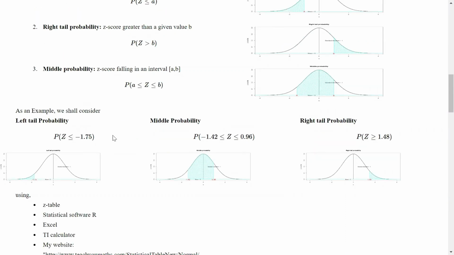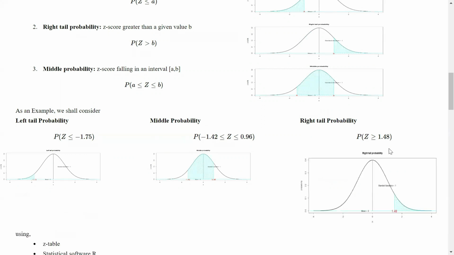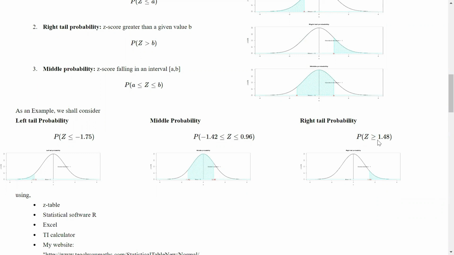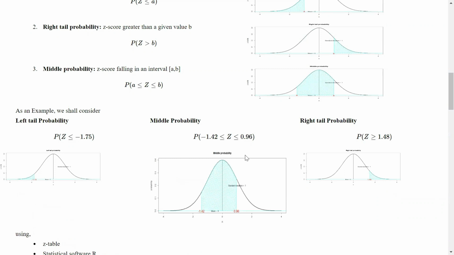As an example, we shall compute this left tail probability, that is, z-score less than negative 1.75, this right tail probability, z-score greater than 1.48, and this probability, z-score lying between negative 1.42 and 0.96, the middle probability.